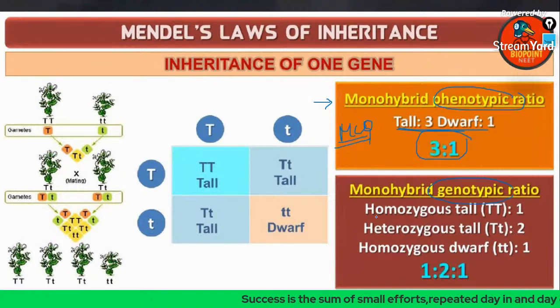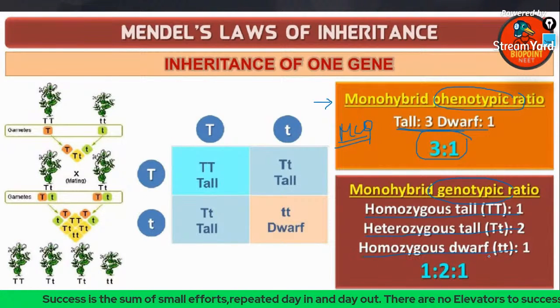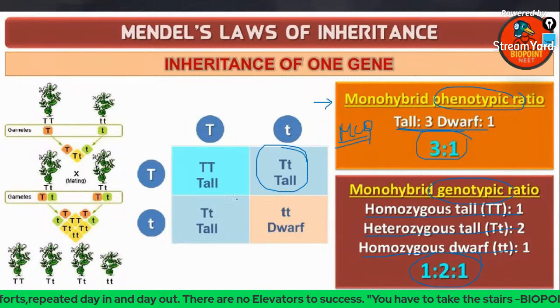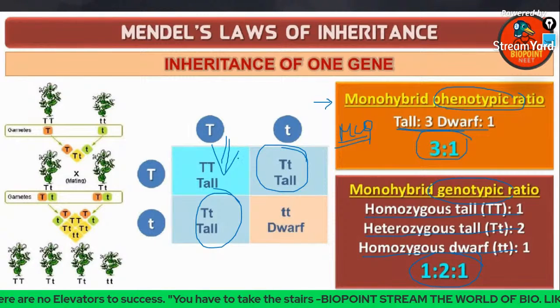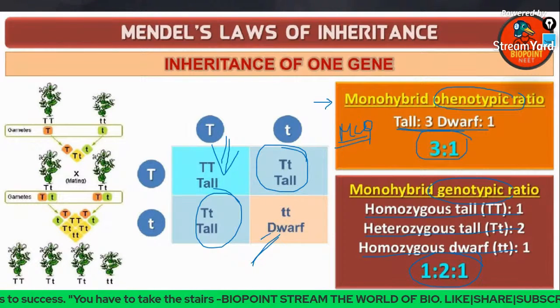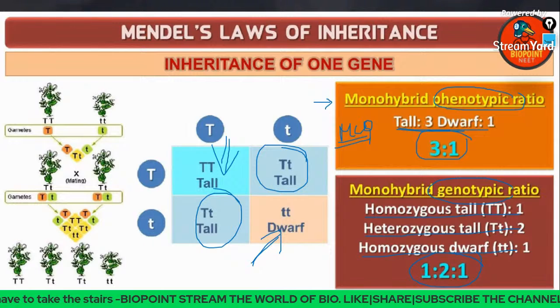Monohybrid genotypic ratio is homozygous tall 1, heterozygous tall 2, and homozygous dwarf 1. So 1 is to 2 is to 1. Is that clear?